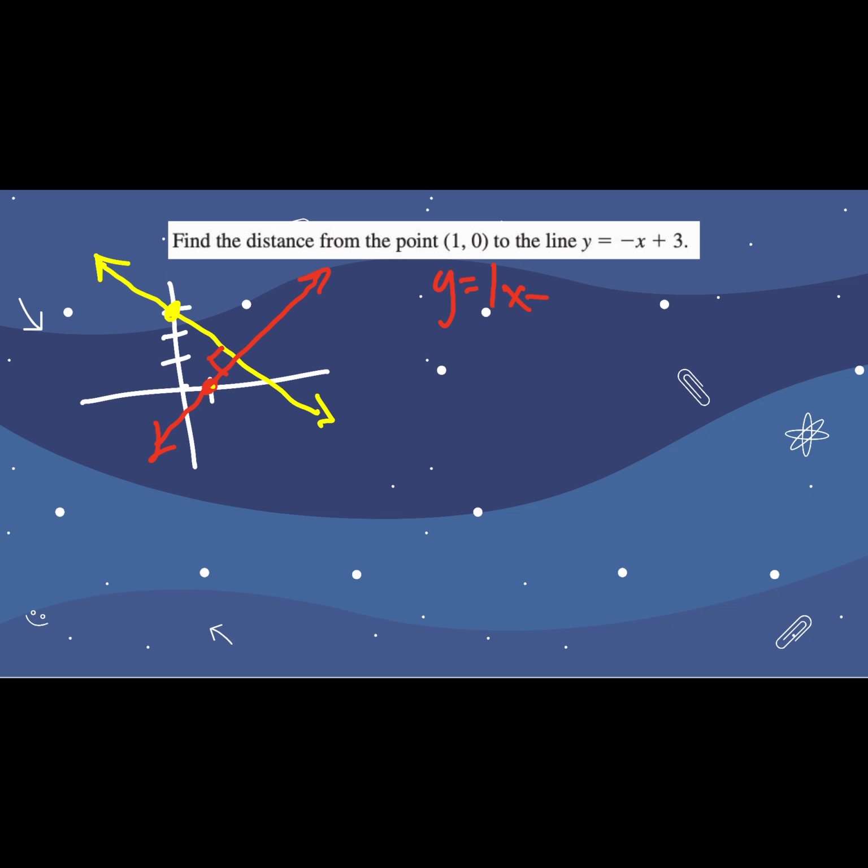Solve for, so 0 equals 1 plus b. Intercept then would be negative 1. So here's the equation of our line that's perpendicular to our original.